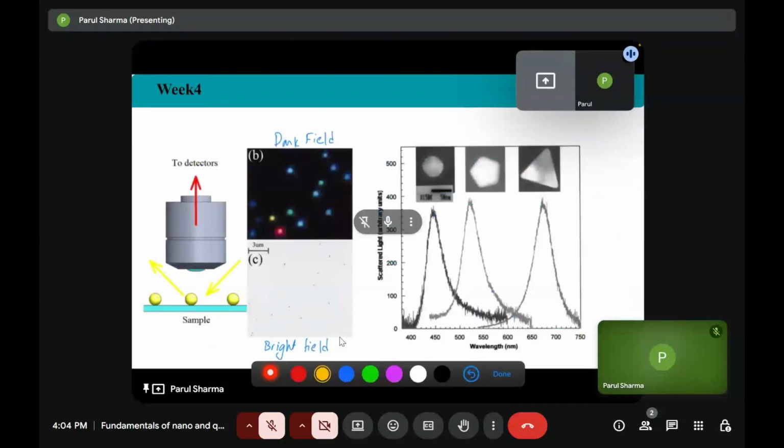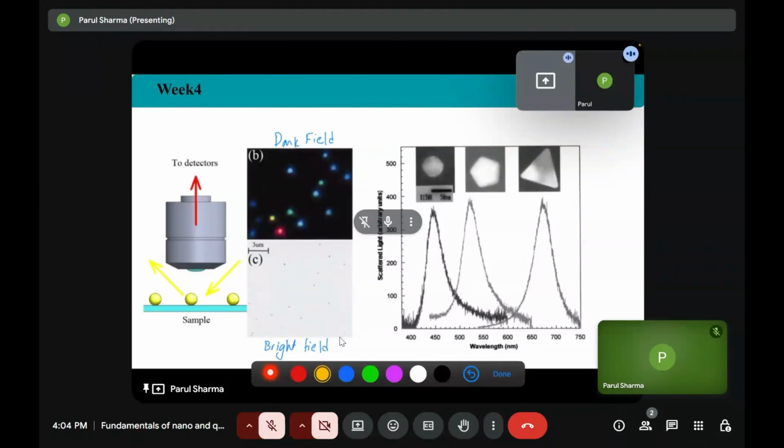So in this figure, you can see that we have our sample. These are the particles, and on top of the particles there are detectors. Light is coming and it is scattered.